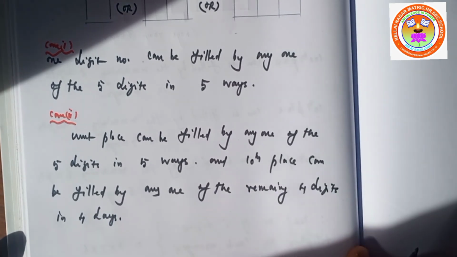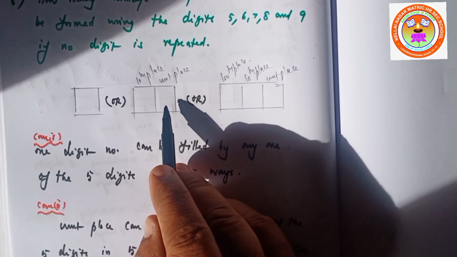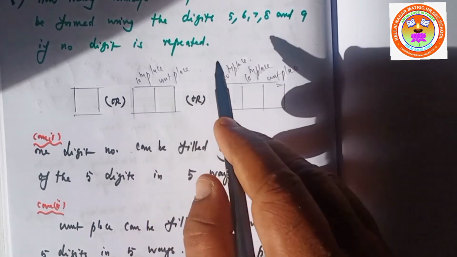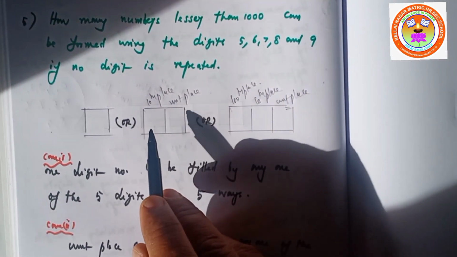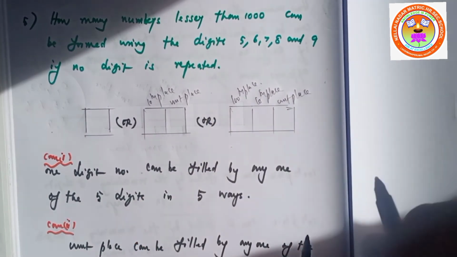Because what's the condition? No digit is repeated. If you fill the unit place by any one of the 5 digits, one number is gone, then we have only 4 digits. Then the 10th place can be filled by any one of the 4 digits in 4 ways. So 5 and 4.